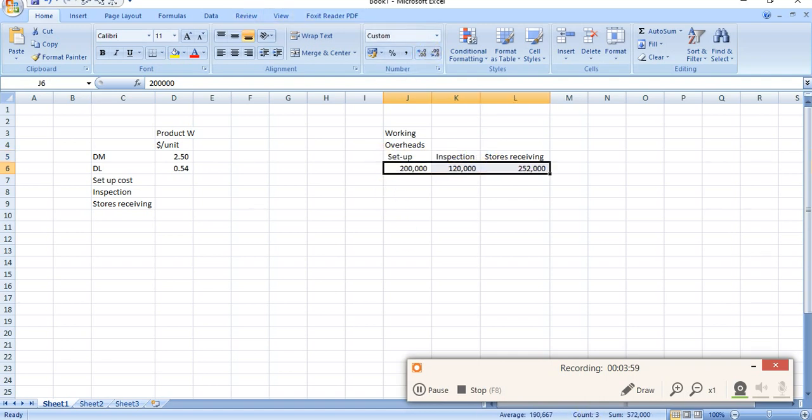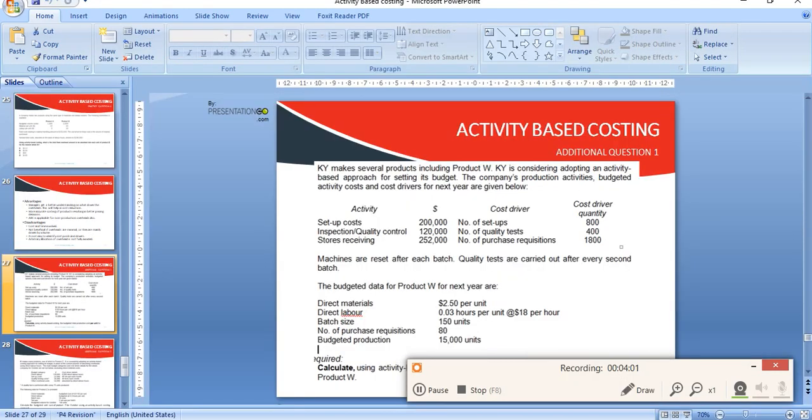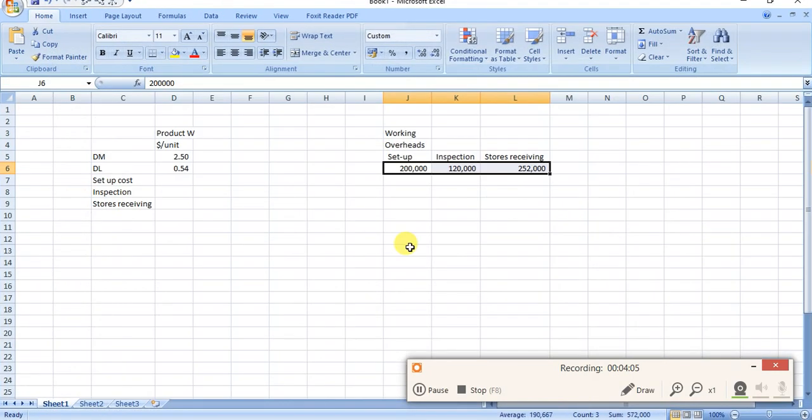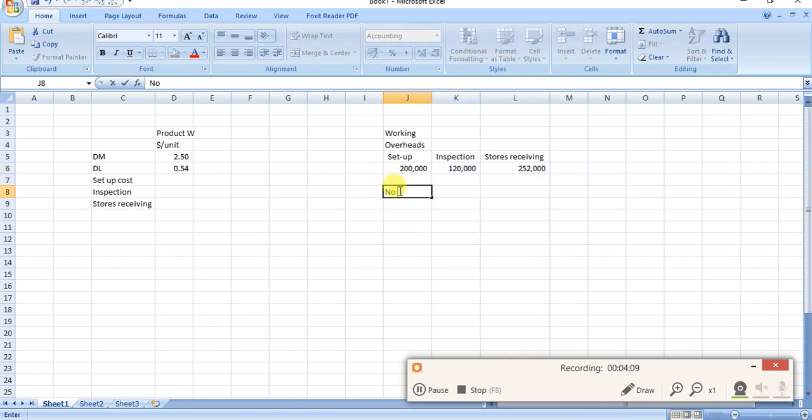Right, that's setup cost. What's the driver? Number of setups, number of quality tests, and number of purchase requisitions. So the driver is going to be number of setups, number of inspections, number of tests, number of requisitions.